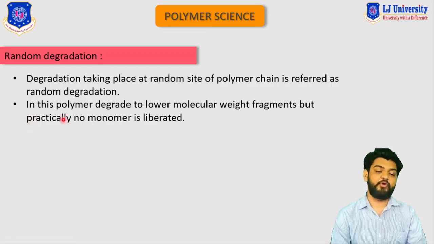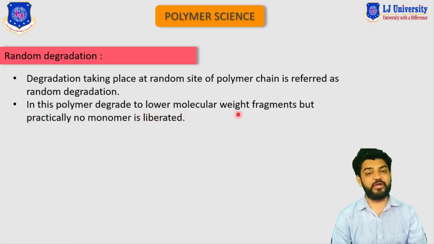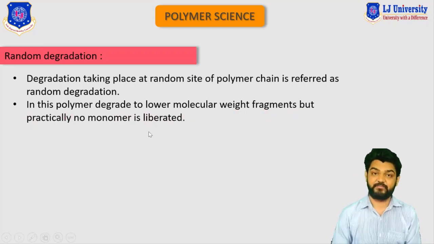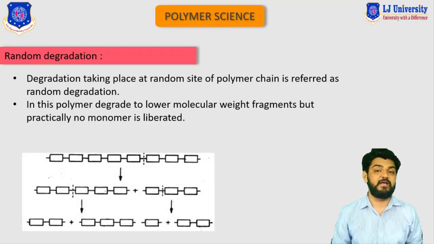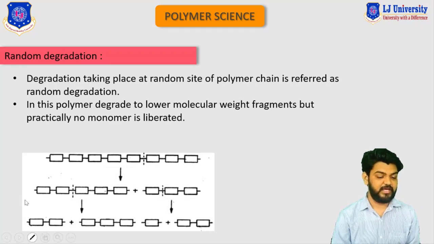In this, the polymer degrades into lower molecular weight fragments, but practically no monomer is liberated. So practically in this type of case, no monomer is liberated, but a group of monomers is liberated. Now here in this image, you can see this random degradation. Let me take a pen again so that I can explain this.